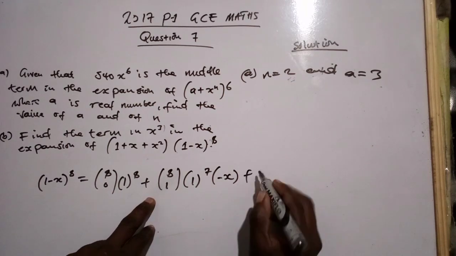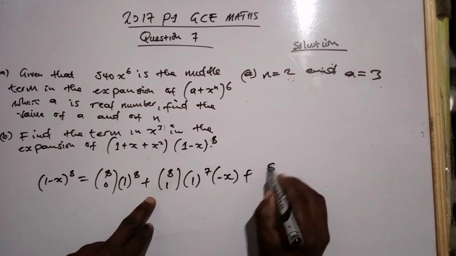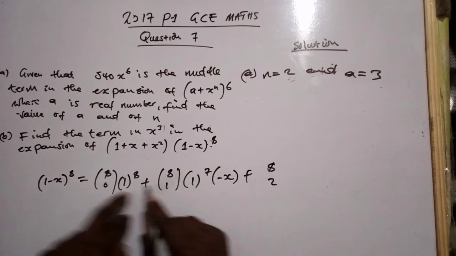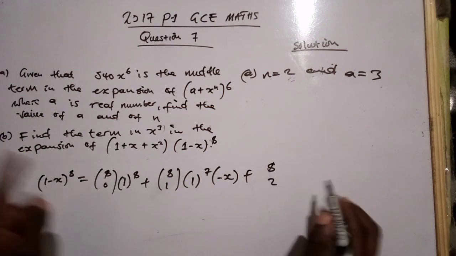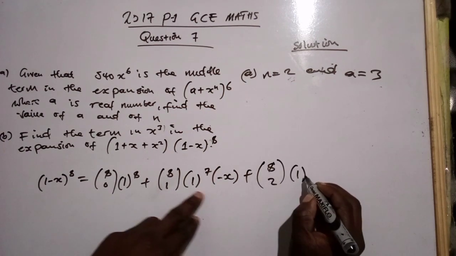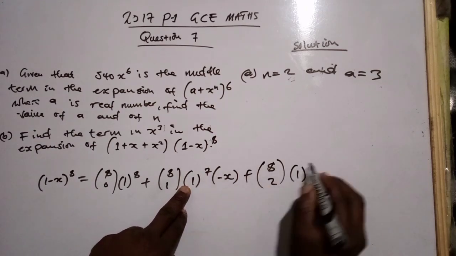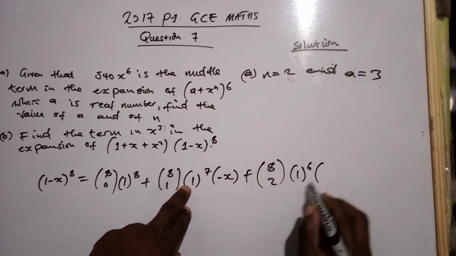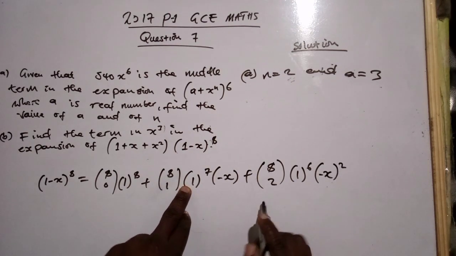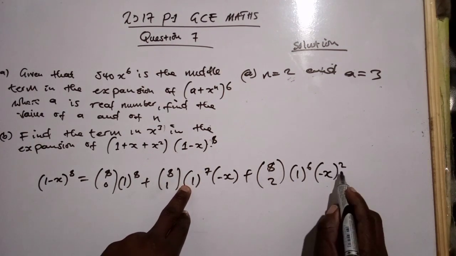So plus when 8 takes 2, we are moving from 0, 1, 2. The top number does not change, right? Then we have 1 to the power from 7 to 6, right? Then minus x power 2, because from x power 1 to x power 2.